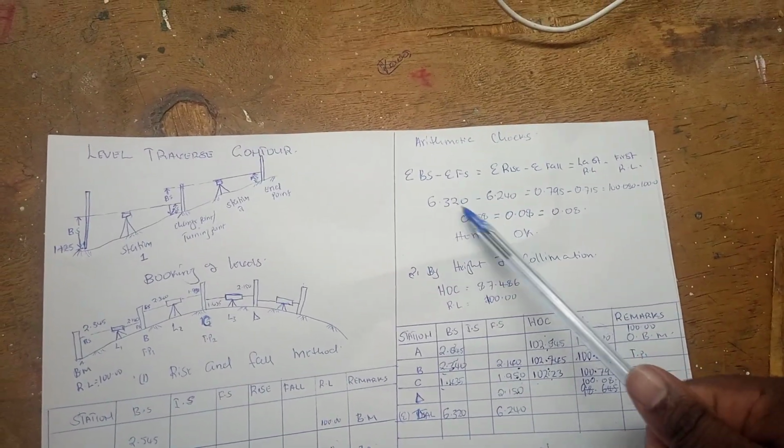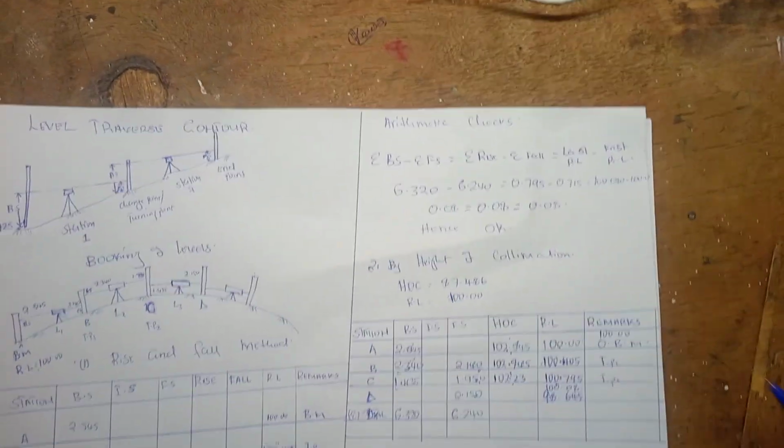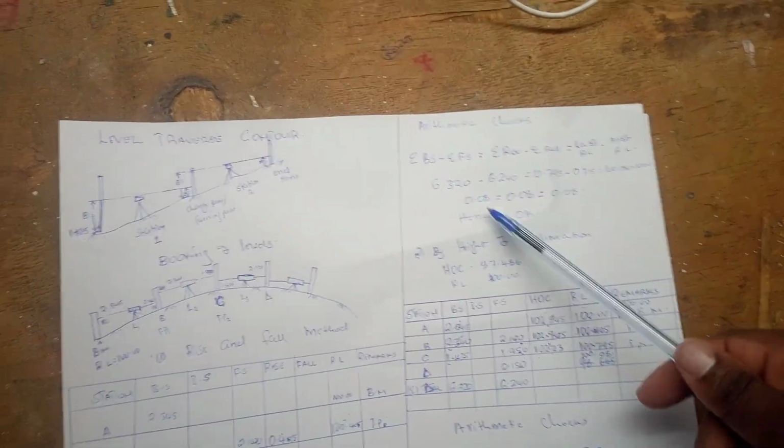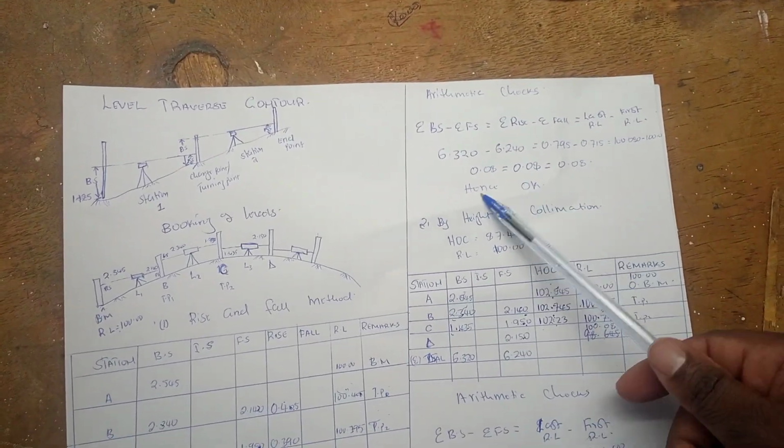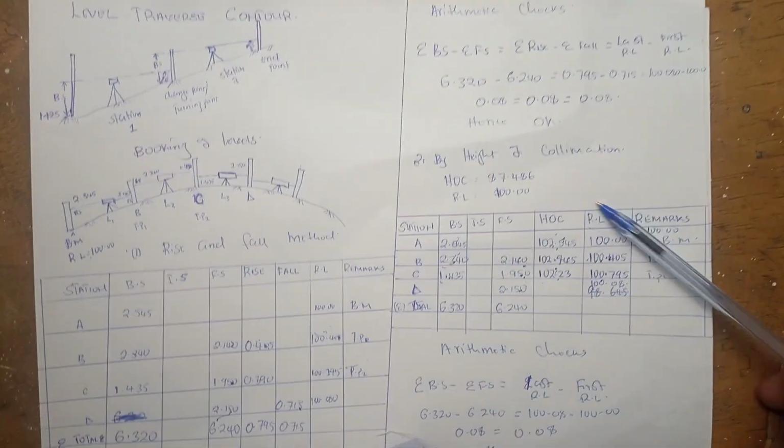As you can see, on my arithmetic check, the value was 0.08, hence it is okay.